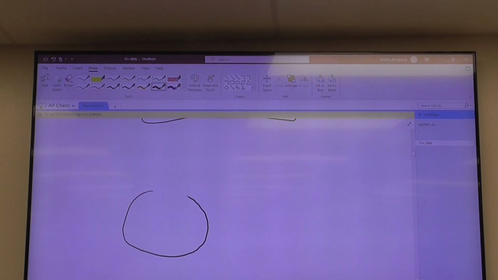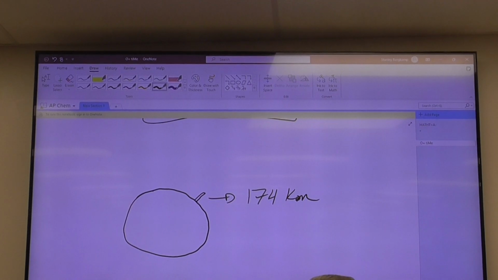Stay with me here. Here's the Earth. We're going to take a ladder and we're going to build a tower that's 174 kilometers tall. Okay? 174 kilometers tall. Cool.